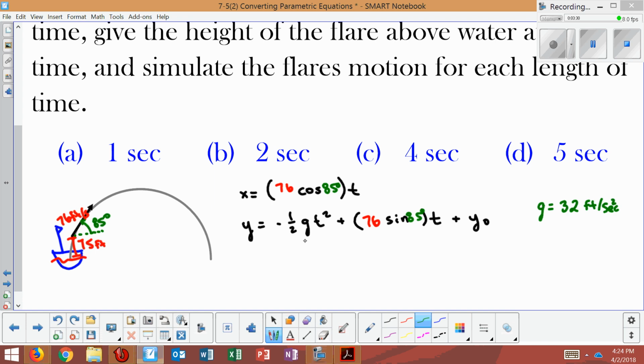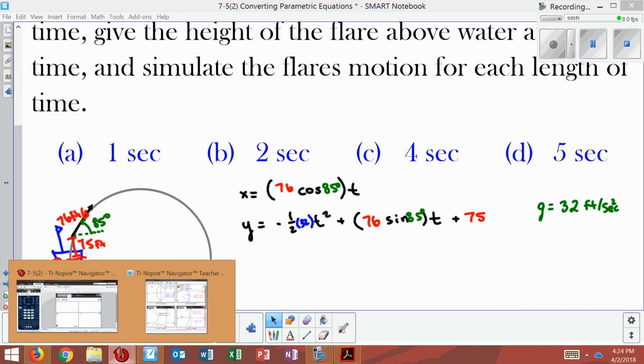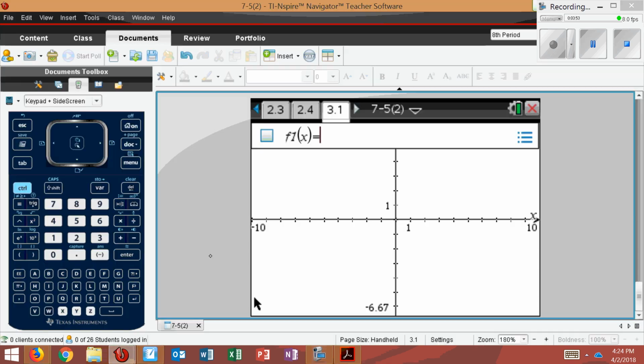Finally, we know the initial height is 75 feet. Let me get that in. I forgot about that one. And then gravity. Since we're talking in feet, it's going to be 32, and so this g gets replaced with 32. Anytime we substitute, we're going to use parentheses when it's in between things like that. So there's our equations. So let's go to our calculator and have it calculate all this for us.